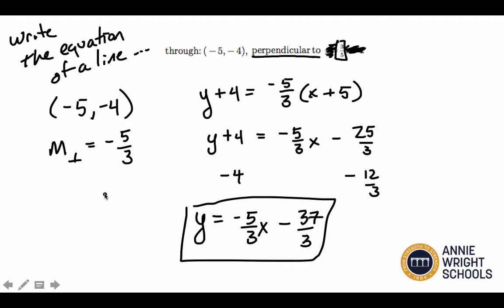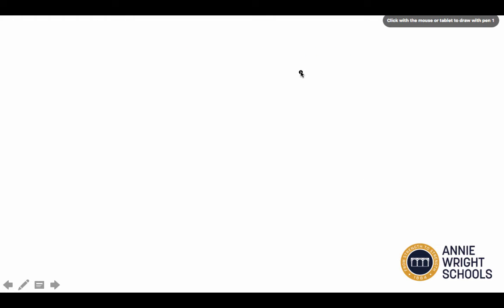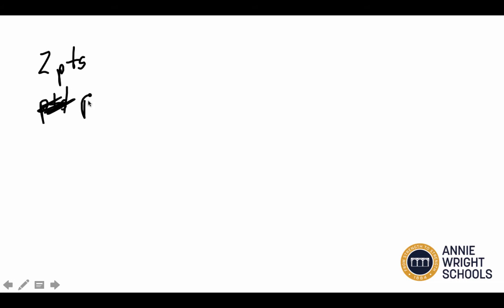So what we need to take away from this lesson is how do you find equations of lines when you're given different information than what we've been given so far. If we make a list, you have been given 2 points. You have been given a point and a slope. You have been given a y-intercept and a slope.